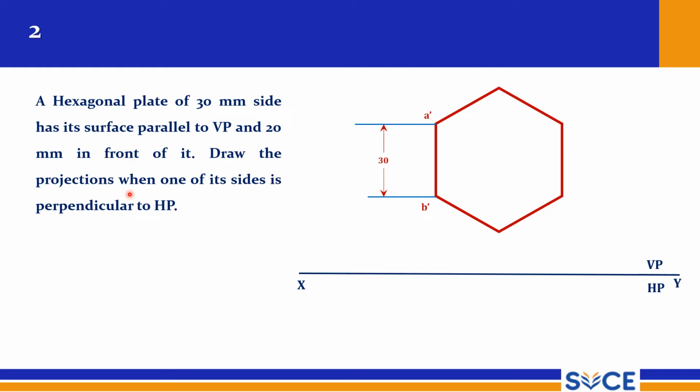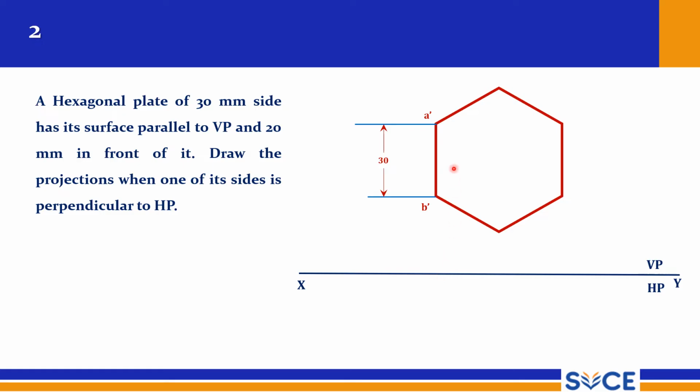So draw the projections when one of its sides is perpendicular to HP. Since it is a hexagon, if you keep one side perpendicular to HP, obviously another side also will be perpendicular to HP. So no need to worry about the other side. If it is a pentagon, you will have only one side that will be perpendicular to HP.